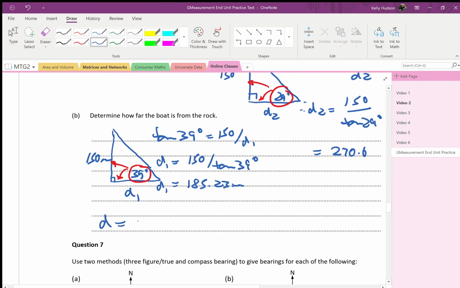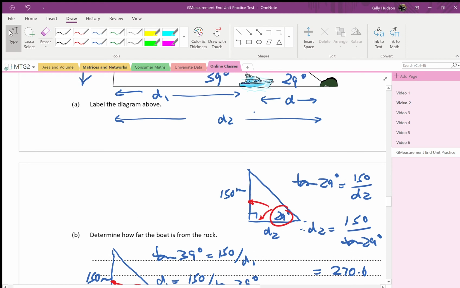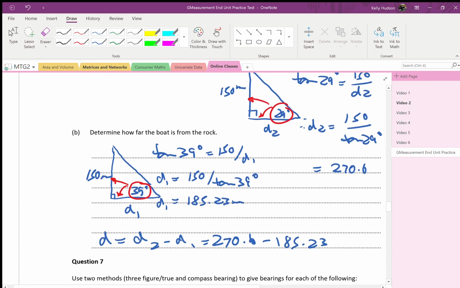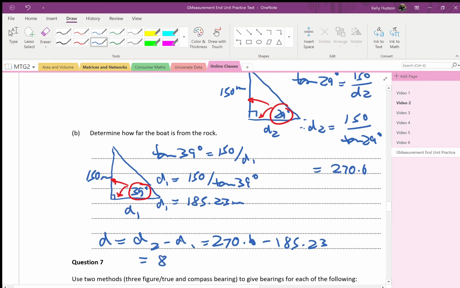So D is equal to the big distance D2, subtract away D1, and that will leave me with my value of D, how far the boat is from the rock. So I'm going to write down D is equal to D2 minus D1, which is 270.6 minus 185.23, and that equals 85.38 meters.